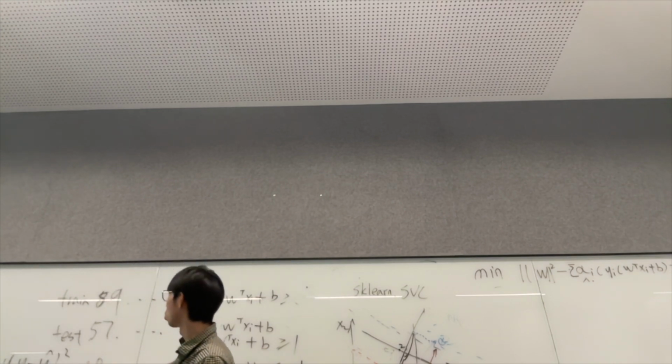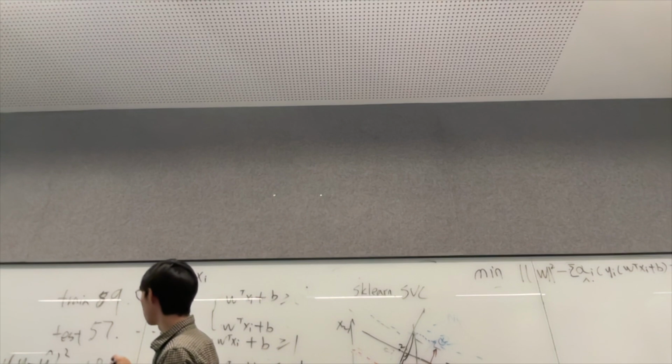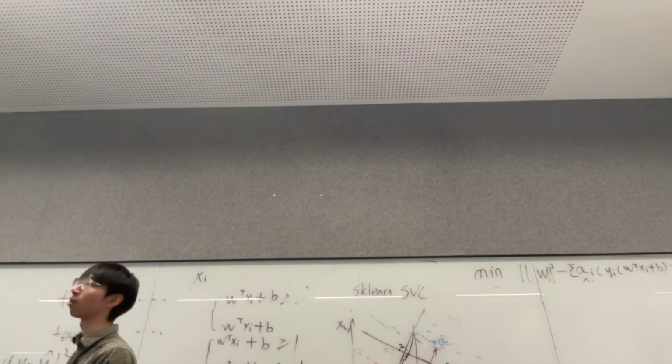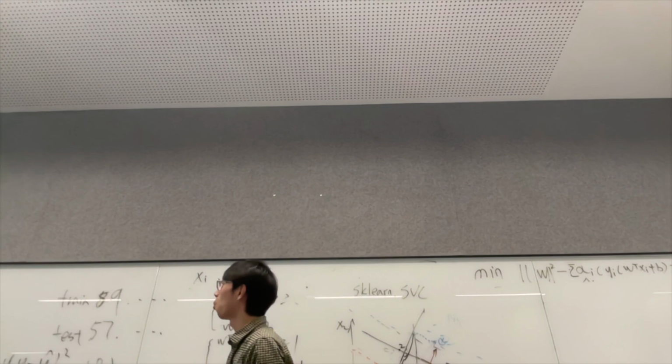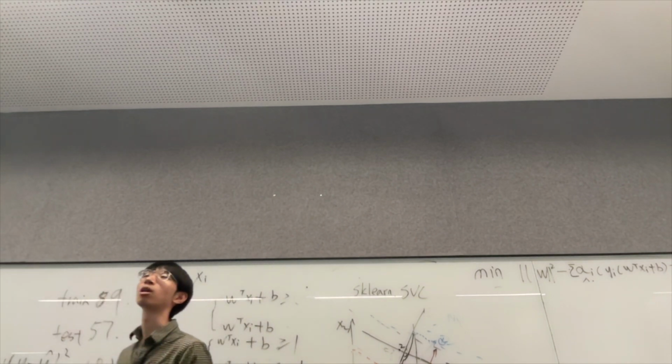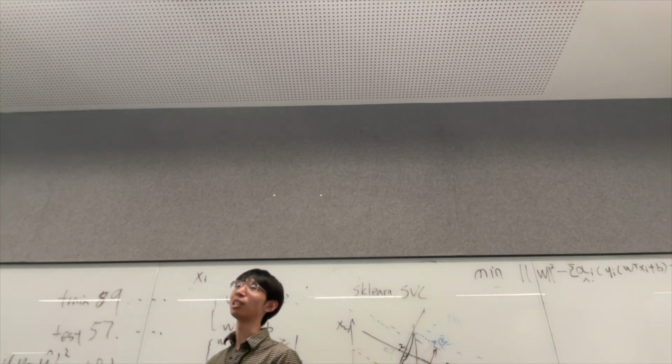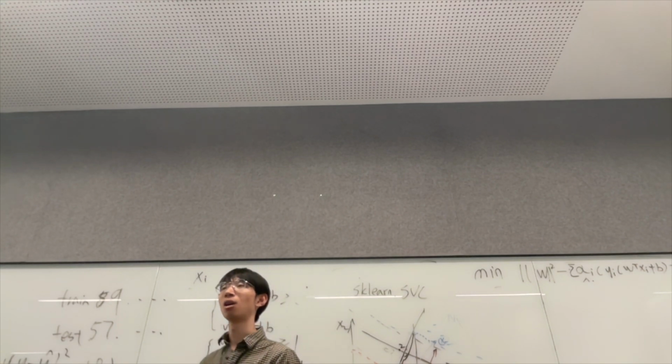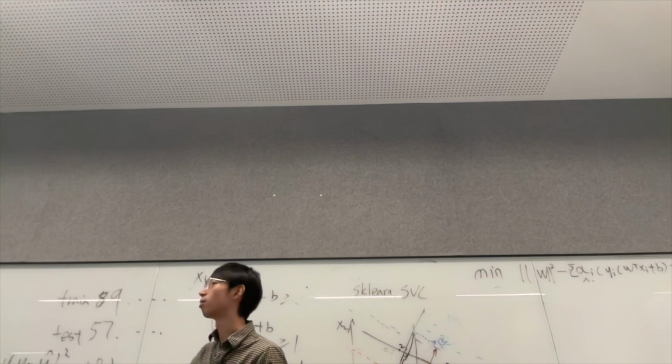So we want to penalize this beta 1, using this theta as the penalty. Why does it work? Any intuition for why it works? I explained it, I think, last week. Why does penalizing it work?